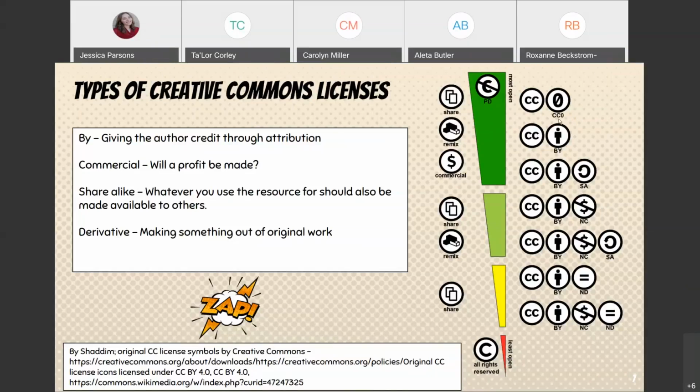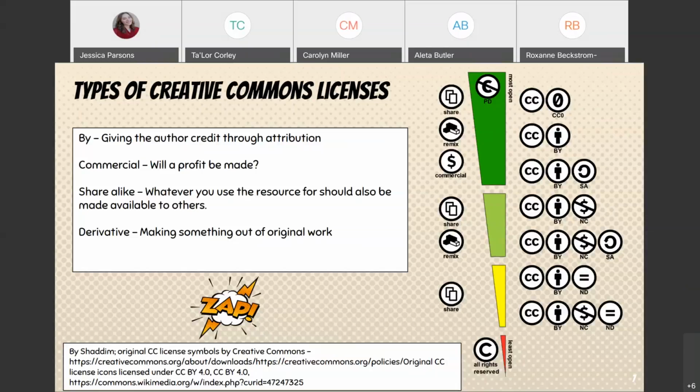Up here at the top, we can see that we have CC0. This is the same as public domain. And as Taylor pointed out, the public domain can be used for whatever purpose you want. You can change it, you can sell it, you can do whatever you would like to do with it, and you don't have to tell anyone where you got the information originally.